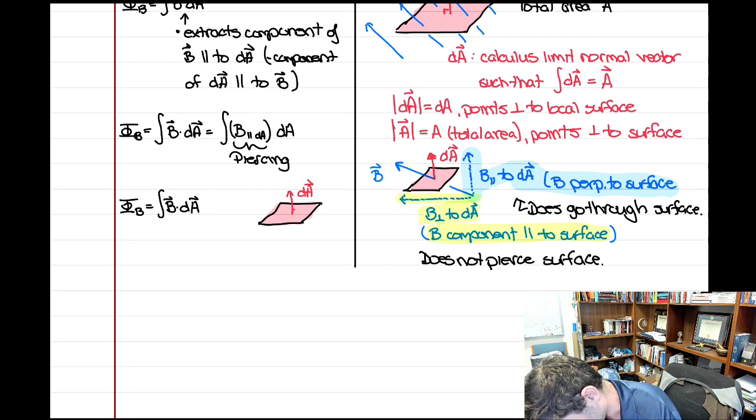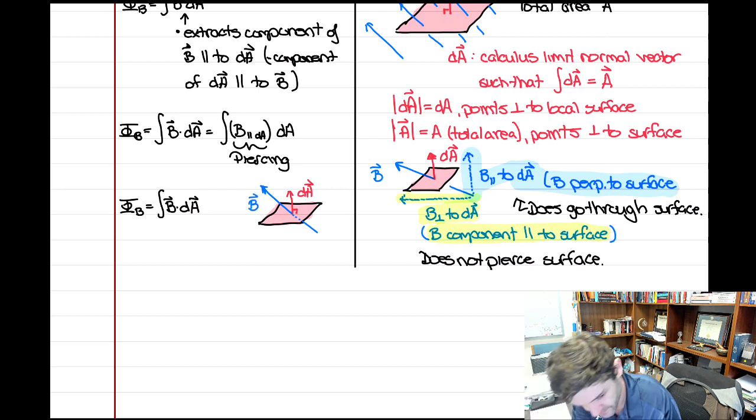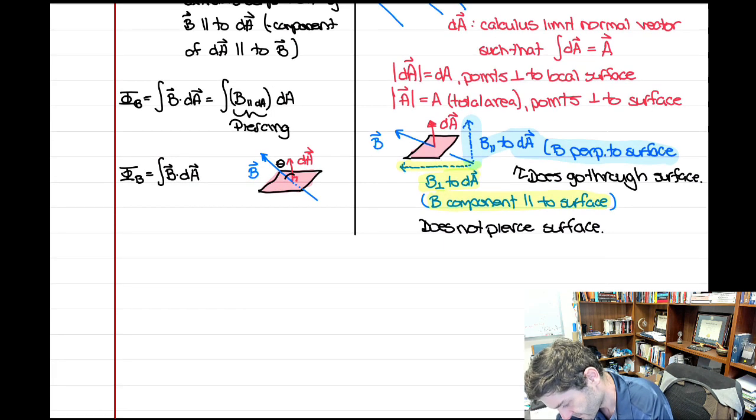Again, it is perpendicular to the surface. And then I have B, which goes like that, using the dots to mark what's behind. There's B. Then there is a well-defined angle between these two, theta. And then we're off and running with the dot product.